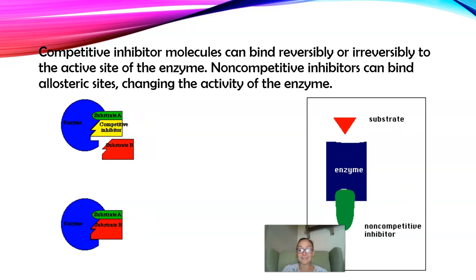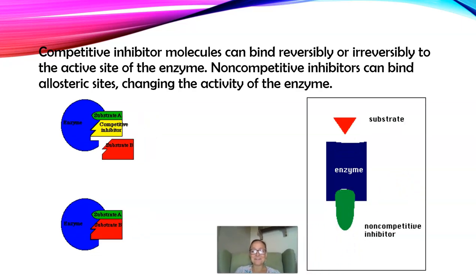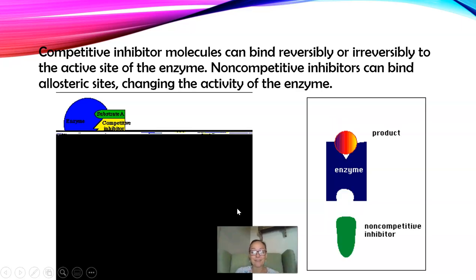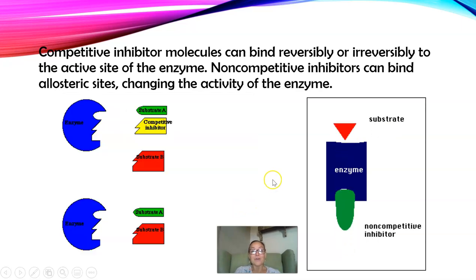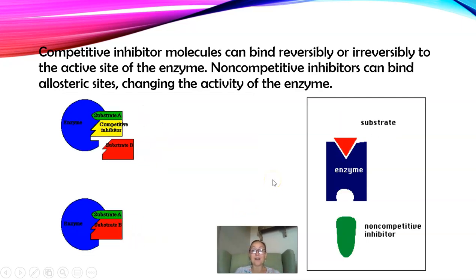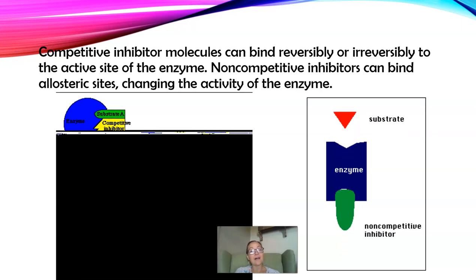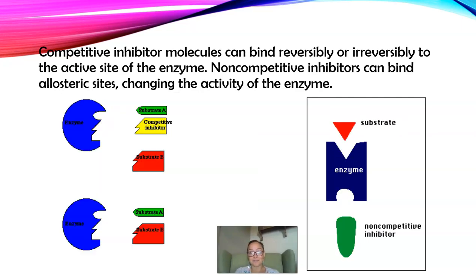Ooh, we also have inhibitors. I love inhibitors. I have a whole video on it. When you look at ways to inhibit enzymes or prevent an enzyme from working, you have two options. There are competitive inhibitors or allosteric or non-competitive inhibitors.